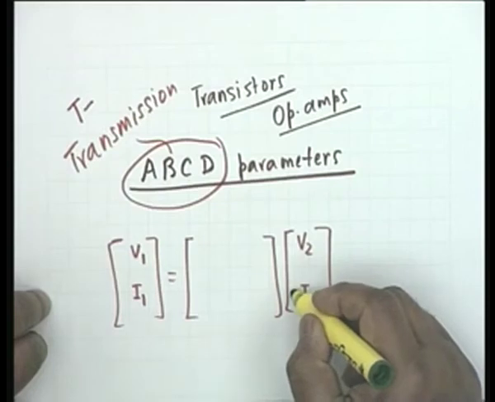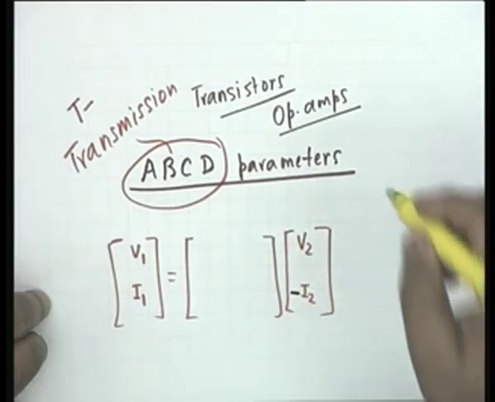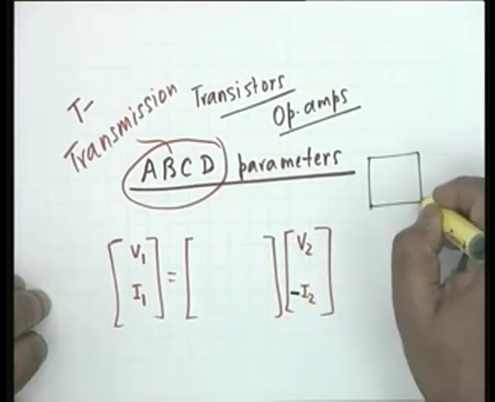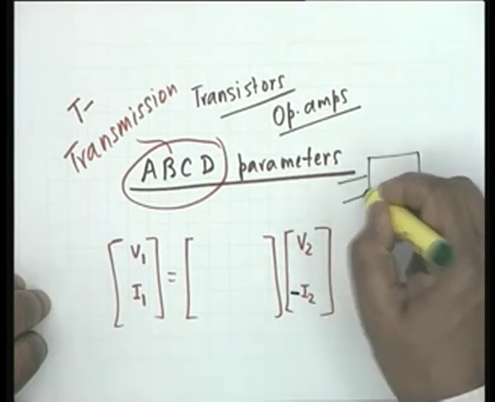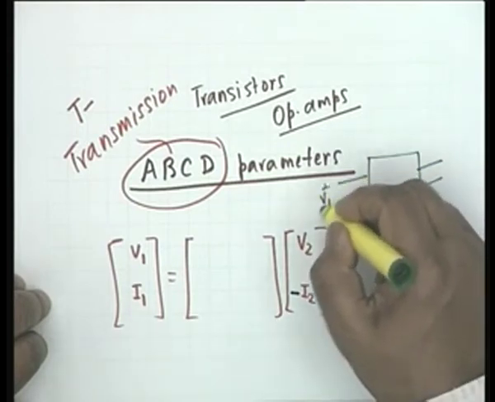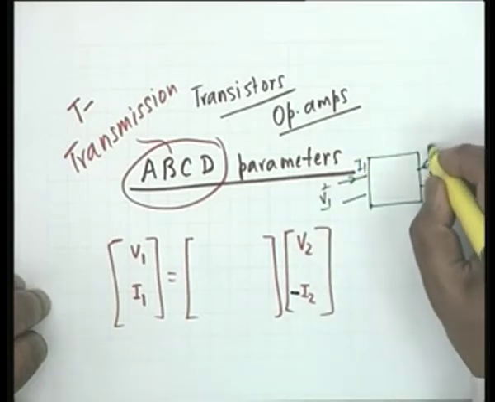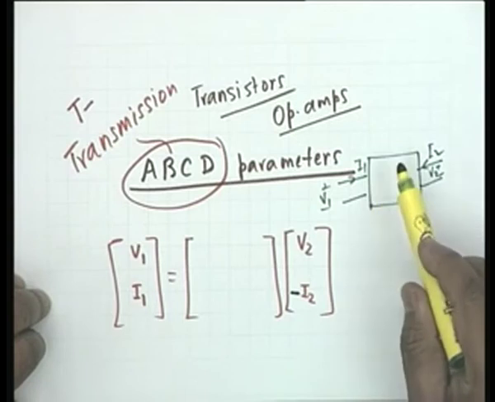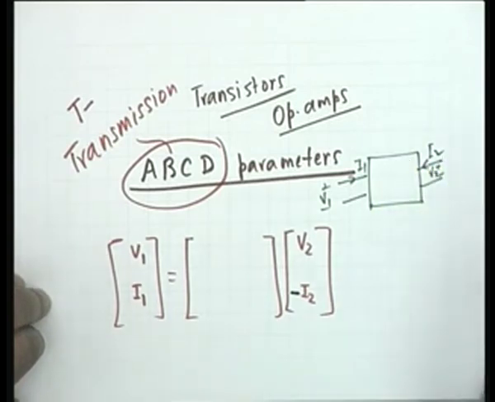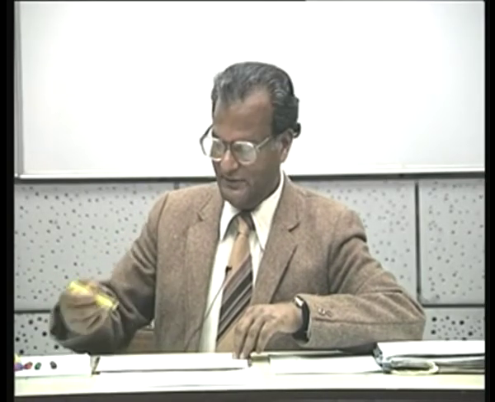What I want you to notice is this negative sign. Well, if I look at the 2 port, you say V1 I1, V2 and I2, what it means is that I2, the output current is taken as going out of the network instead of coming in. If it was coming in, we should have used a plus I2, okay.